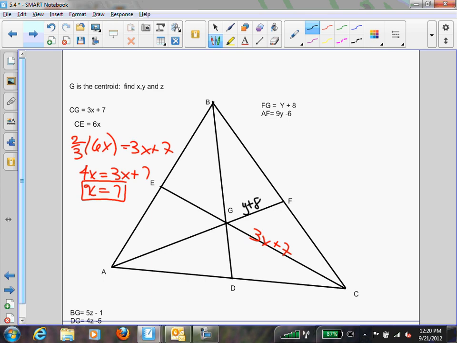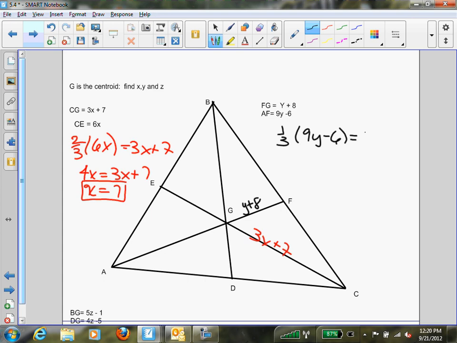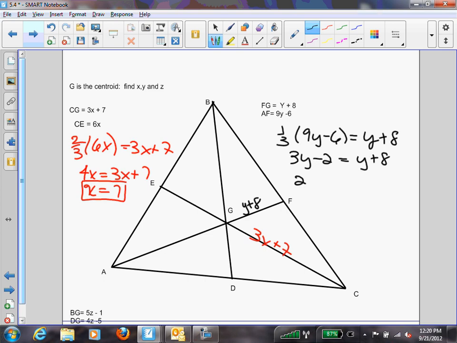The bottom part is y plus 8. Athena? Nine y minus 6 equals y plus 8. And so this is 3y minus 2 is equal to y plus 8. 2y is equal to 10, so y is equal to 5.